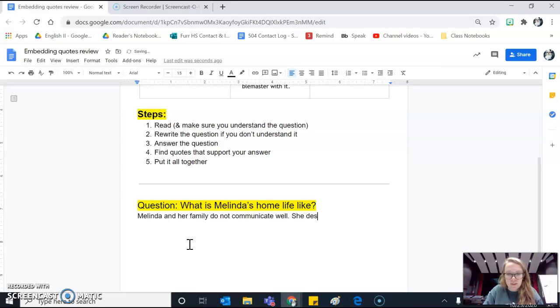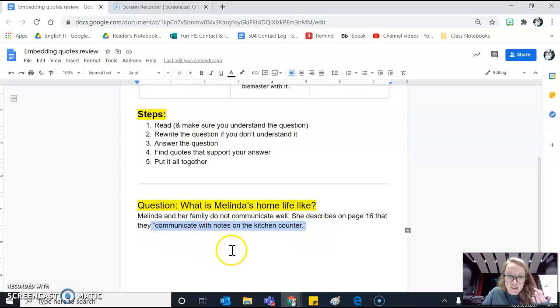She describes on page 16 that they communicate with notes on the kitchen counter. You see that this quote that I embedded blends into the text around it, so I do not have a punctuation.